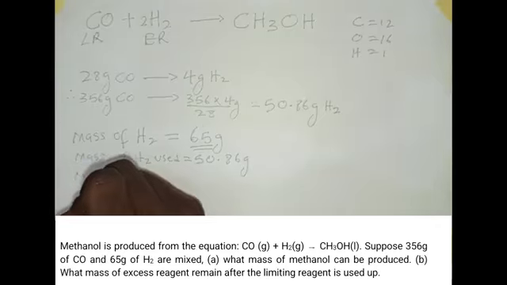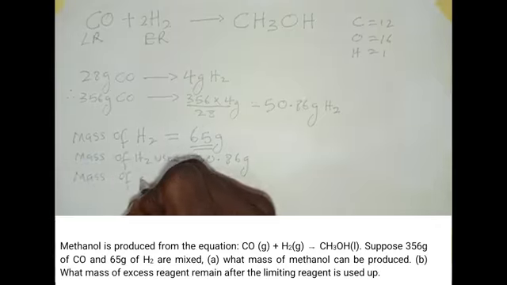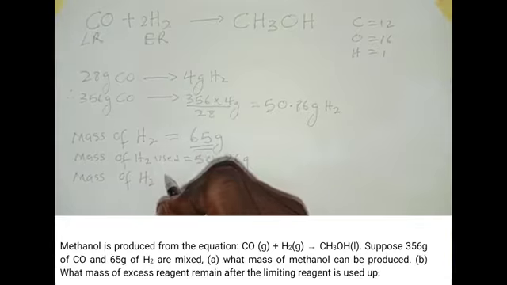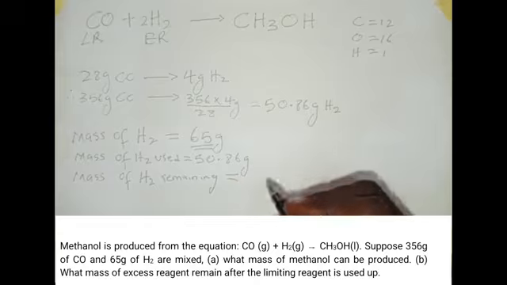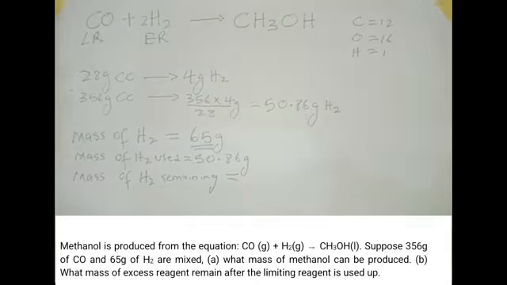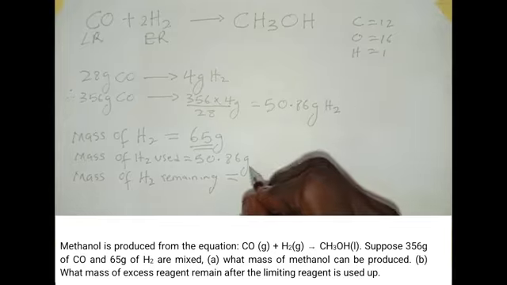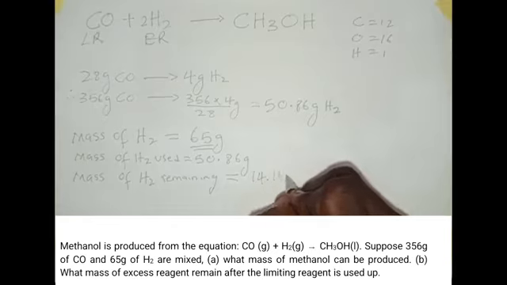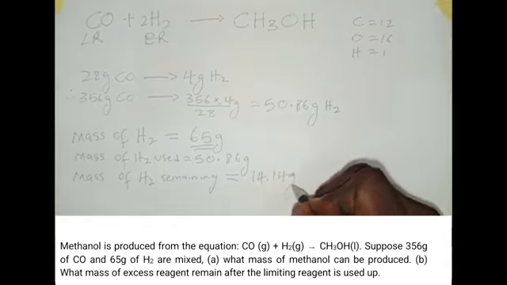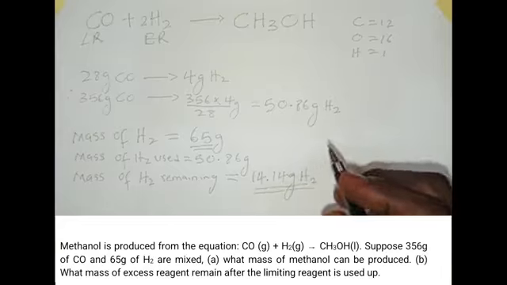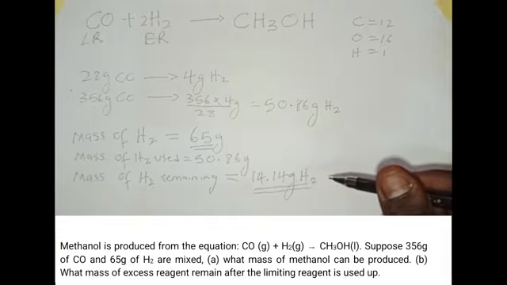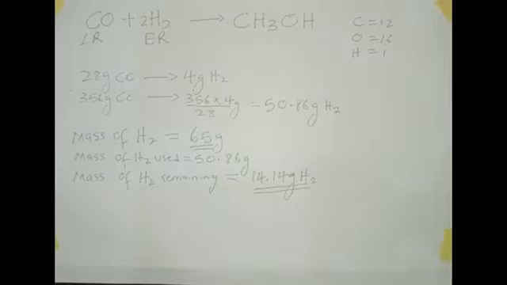So mass of H2 remaining, that's going to be equal to what? 65 minus 50.86, and that will give us 14.14 grams of hydrogen. So this is the amount of hydrogen which remains unreacted. So we are done with the B part of the problem.